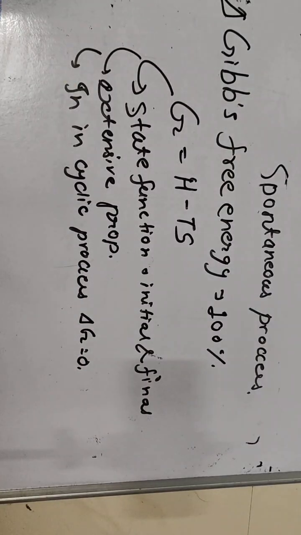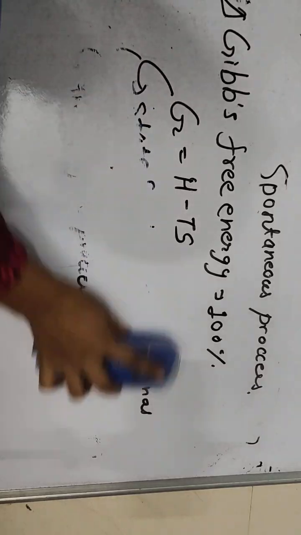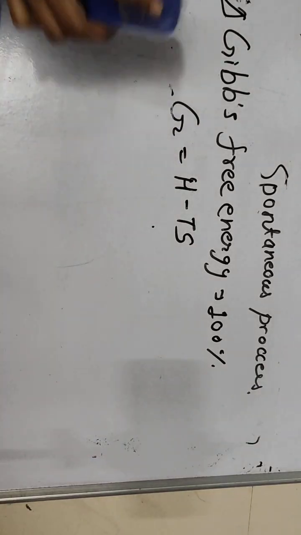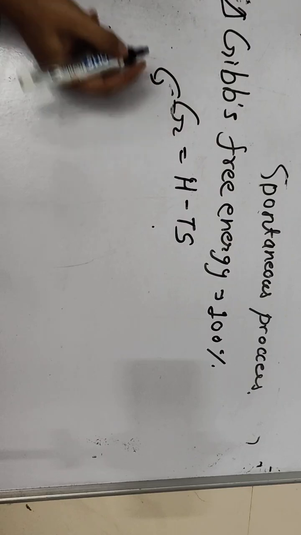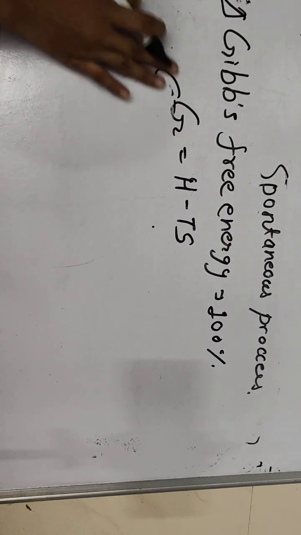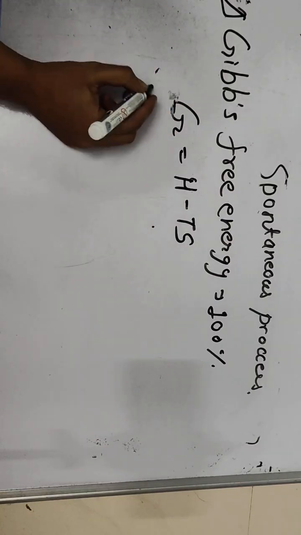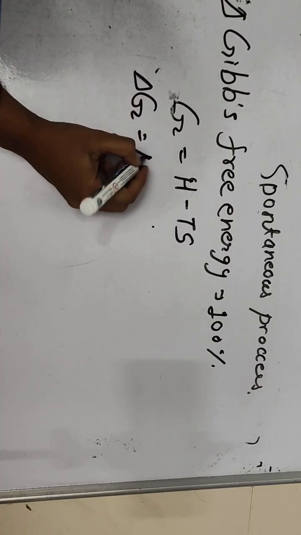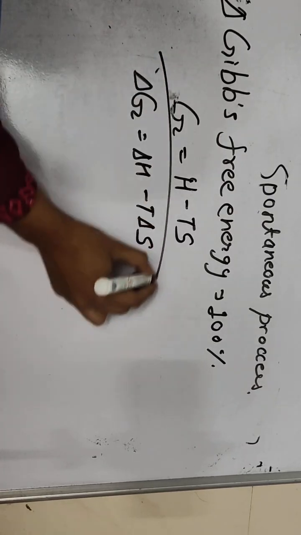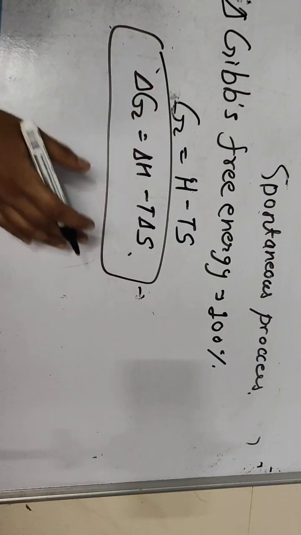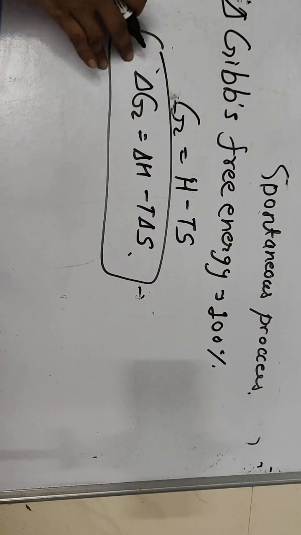Now, a single G does not have any significance, so we take the delta G, which is delta H minus T delta S. Then we have these reactions.